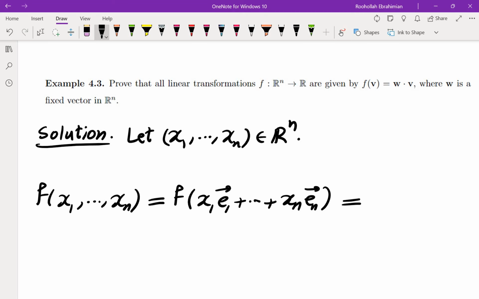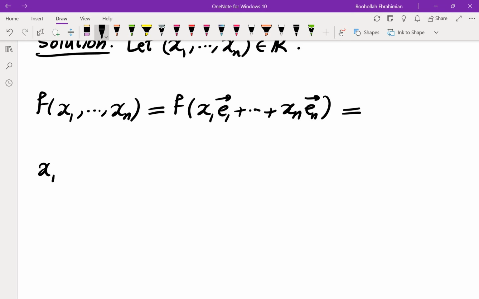Now, if you use part C of the theorem that we had up there, you could just take out all these constants and write it down as a sum. This is something you can do by induction. Part C of the theorem was for only 2 variables, but you could do it for n variables by induction, and this is one of the examples in the notes. So x1 f of e1 plus through xn f of en.